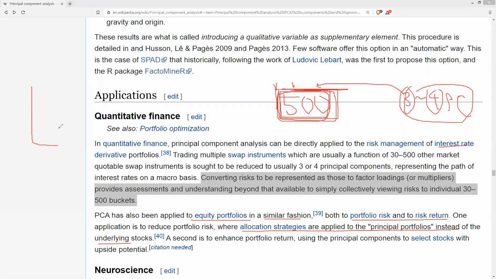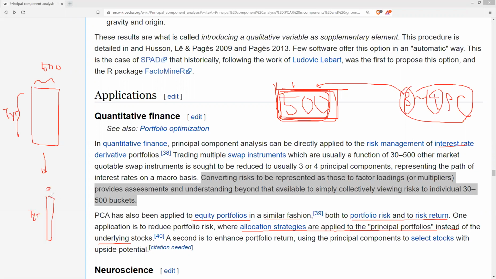So again, here data is like this. We have T years of data, and we have 500 stocks. Then we do principal component analysis, and then we have T years of data and maybe just 3 principal components.